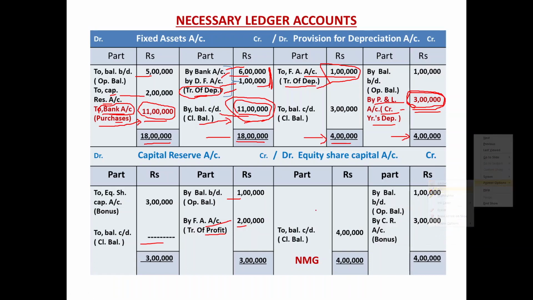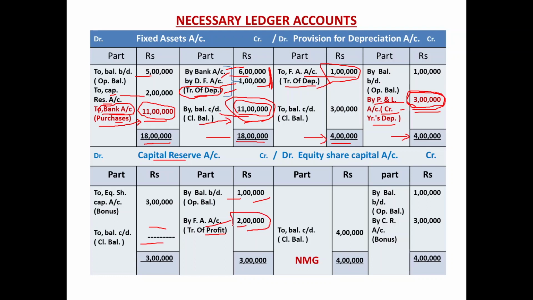Have a look at the capital reserve account. Opening balance 1 lakh, no closing balance. This is the transfer of profit due to sale of fixed assets, as we already saw in the discussion of point number 1. Now what is the total available amount on the credit side?